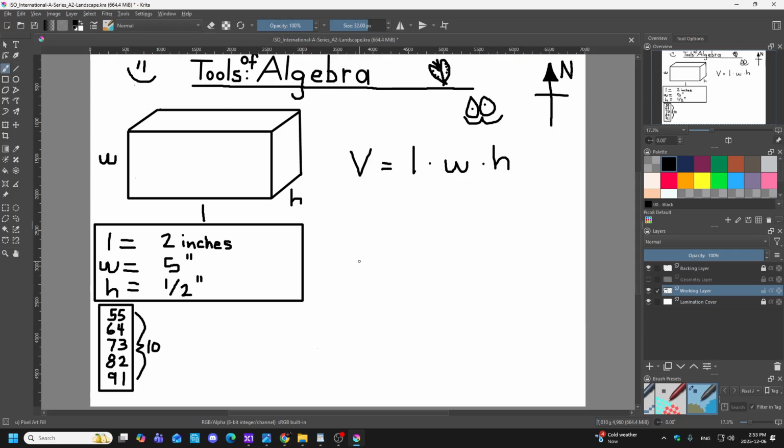I guess we could do this doing fractions. All right, let's substitute. L is 2. W is 5.